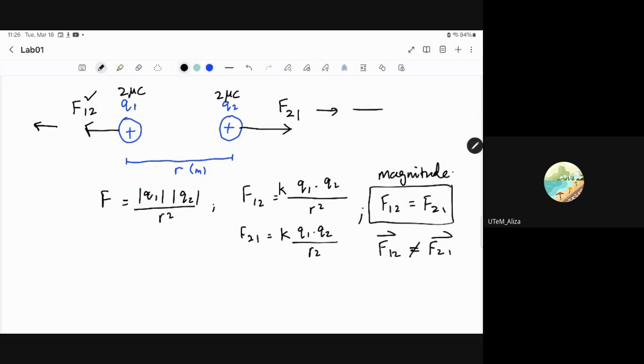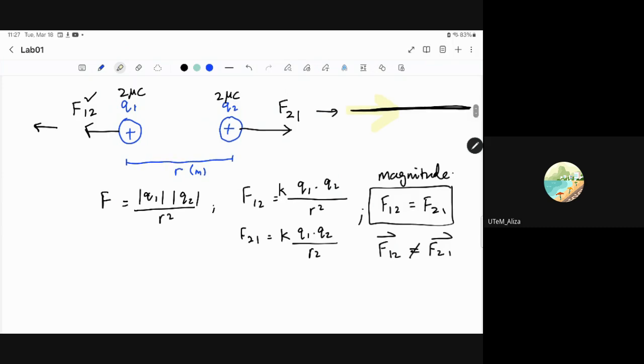This is the line that you use as your basis to measure the angle or the direction of the vector. Never mind, I'm going to draw it like this.